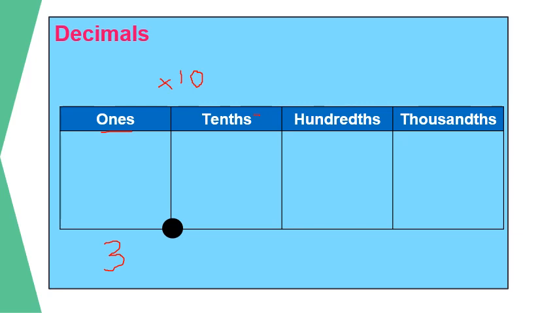So let's say we have 3/10. To get to 3 ones from 3/10, I'd need to multiply it by 10. And then I'd have 3 ones. If I wanted to get to 3/10 from 3 ones, I'd do the inverse, and I'd divide it by 10.